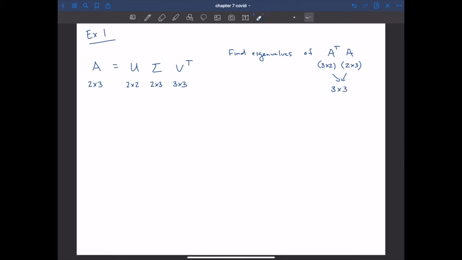So ultimately, to find the matrix sigma, we had to find the singular values of A, which involved finding the eigenvalues of a 3 by 3 matrix.